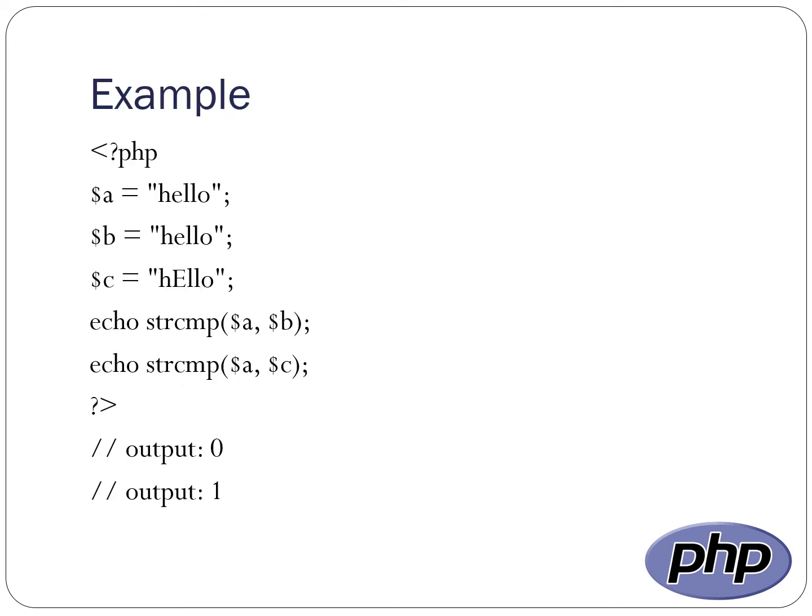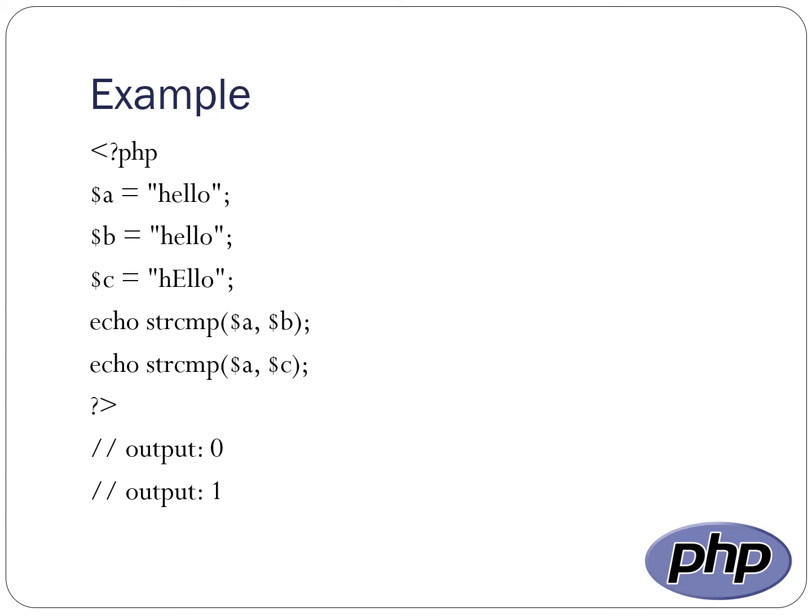Here we have an example related to string comparison. Here $A is equal to hello in small letters, $B is equal to hello in small letters, and $C is equal to HELLO in caps. Echo strcmp of $A comma $B.